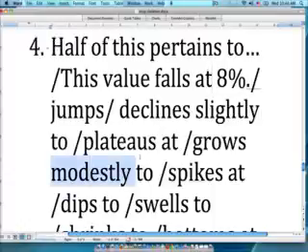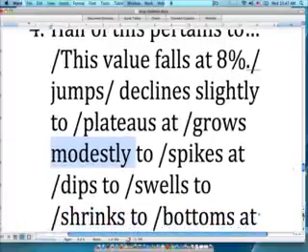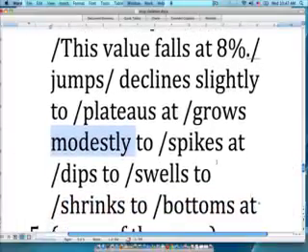You could say it falls modestly to, it rises modestly to, modestly is a great word just to describe those small little changes that occur in your source. Spikes at.